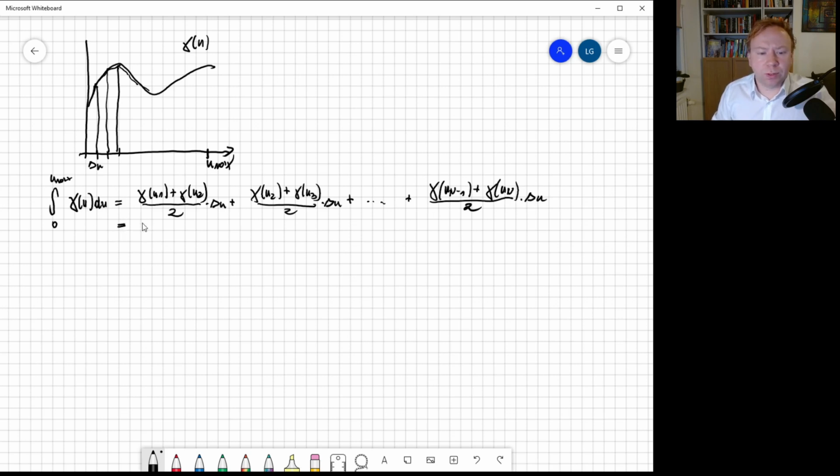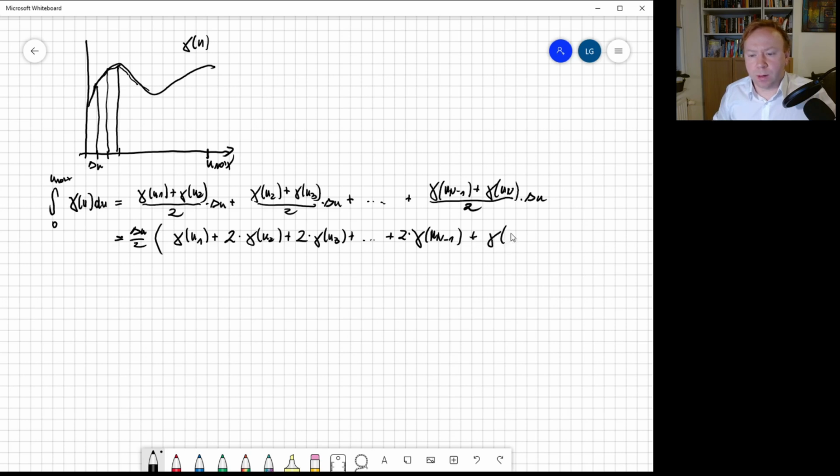If we collect all the terms, we can take the half and delta u outside. We would have delta u over 2, and here we have gamma of u1 plus 2 times gamma of u2, plus 2 times gamma of u3, plus 2 times gamma of u n minus 1, plus a single gamma of u n.